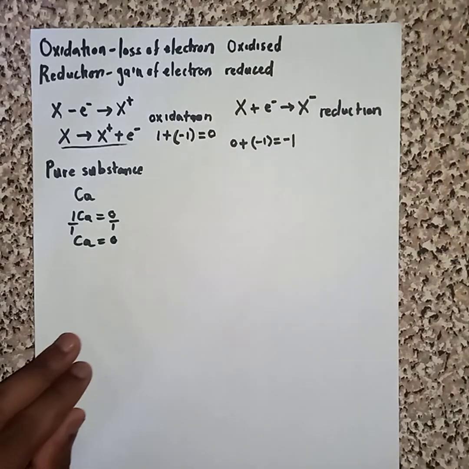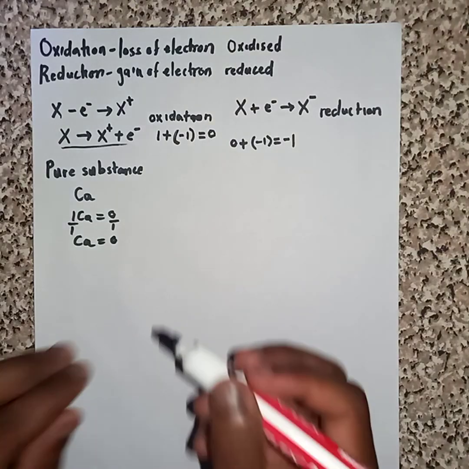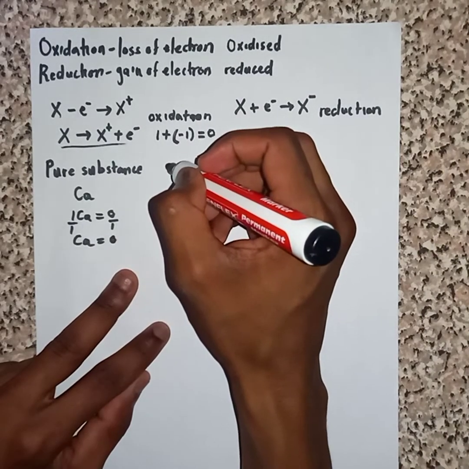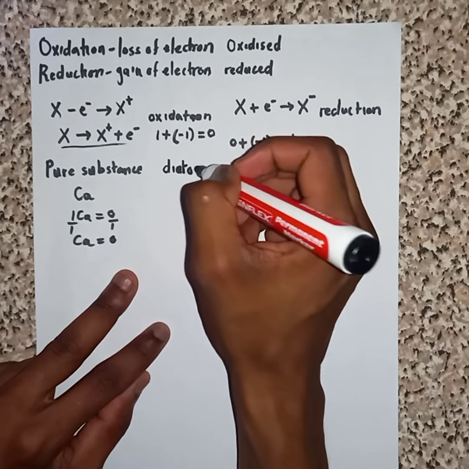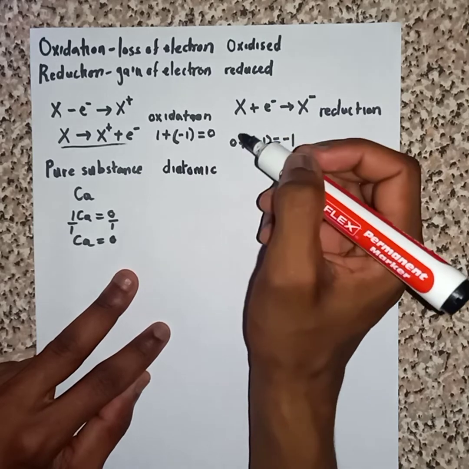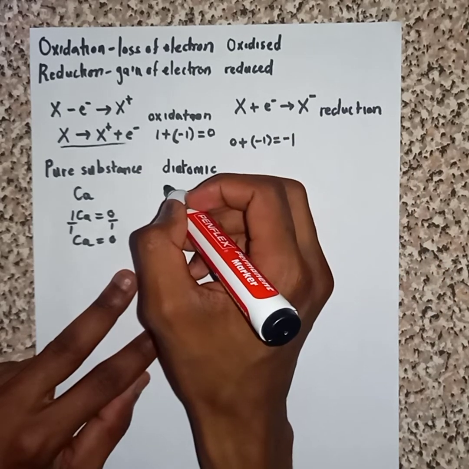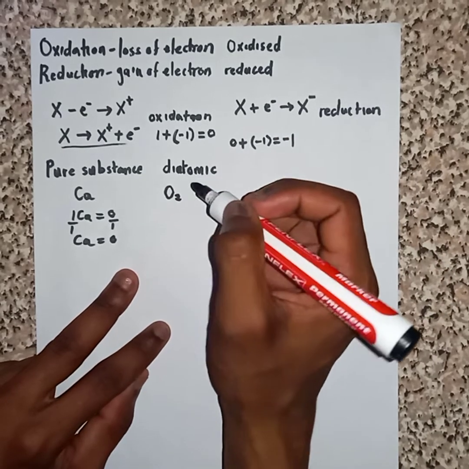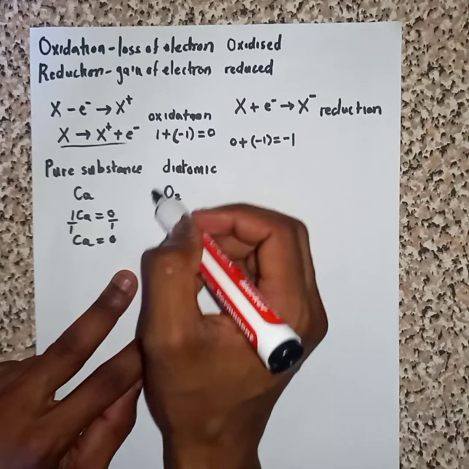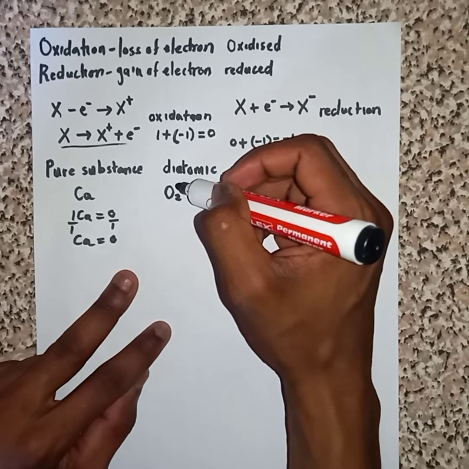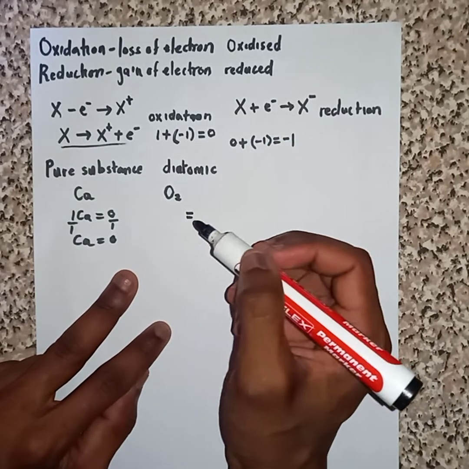Now let us consider the diatomic molecules, such as O2. First, you consider everything, especially there on top. I have none.